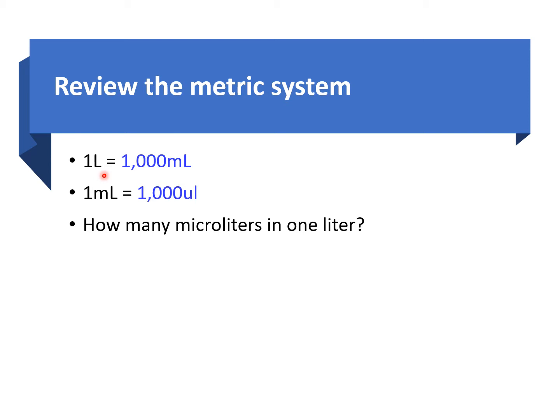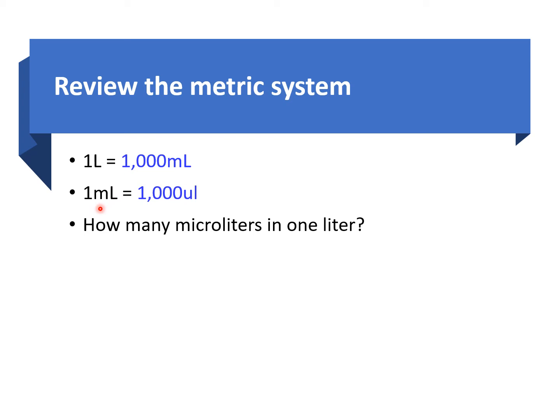This unit, liters, you can make larger by saying kiloliters, or you can make smaller by saying milliliters or microliters. To give you an example of how much smaller milliliters and microliters are compared to a liter, 1 liter is 1,000 milliliters. So you can see how a liter is definitely a larger unit compared to milliliters.